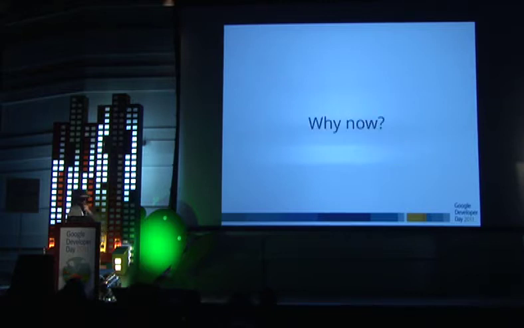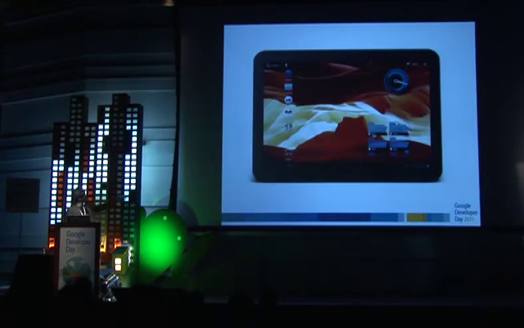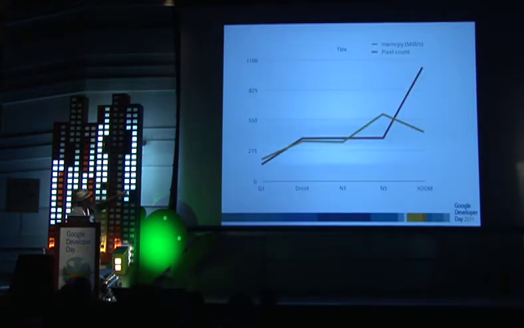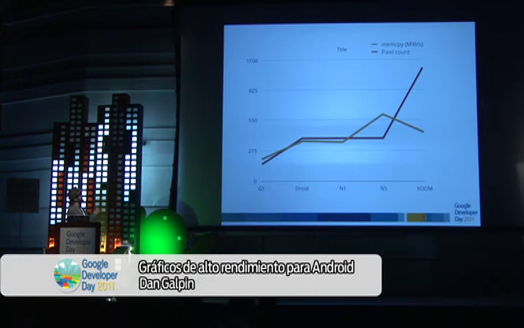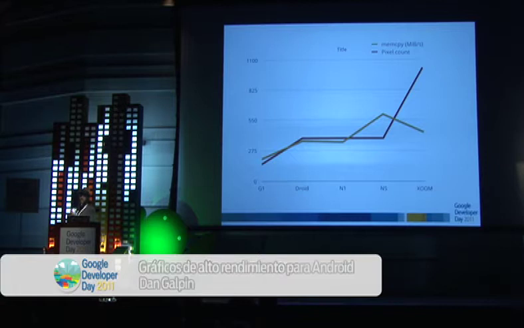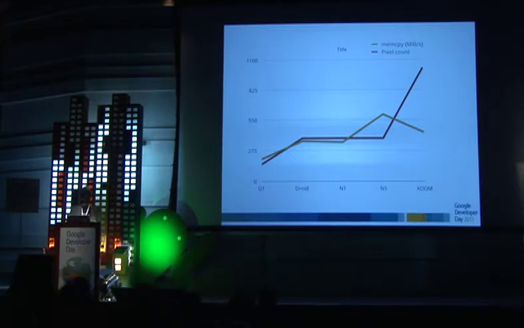The reason we did this is that, admittedly, devices are getting faster. The original G1 had a fairly small screen, but now we have this size screen. The G1 had a fill rate that was pretty good for the size of its screen. We went up to the Droid, and we got an almost equivalent fill rate for the number of pixels we had, so the Droid felt about as fast as a G1, even though it had far more pixels to fill.